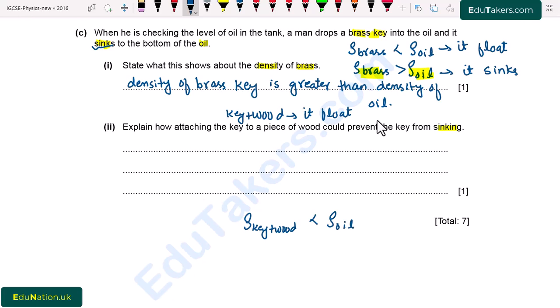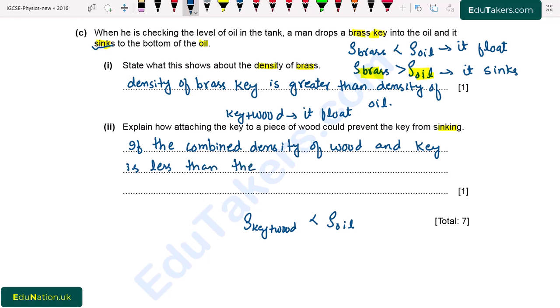So I write here, if the combined density of wood and key is less than the density of oil, then this combination floats. This combination means the key and wood.